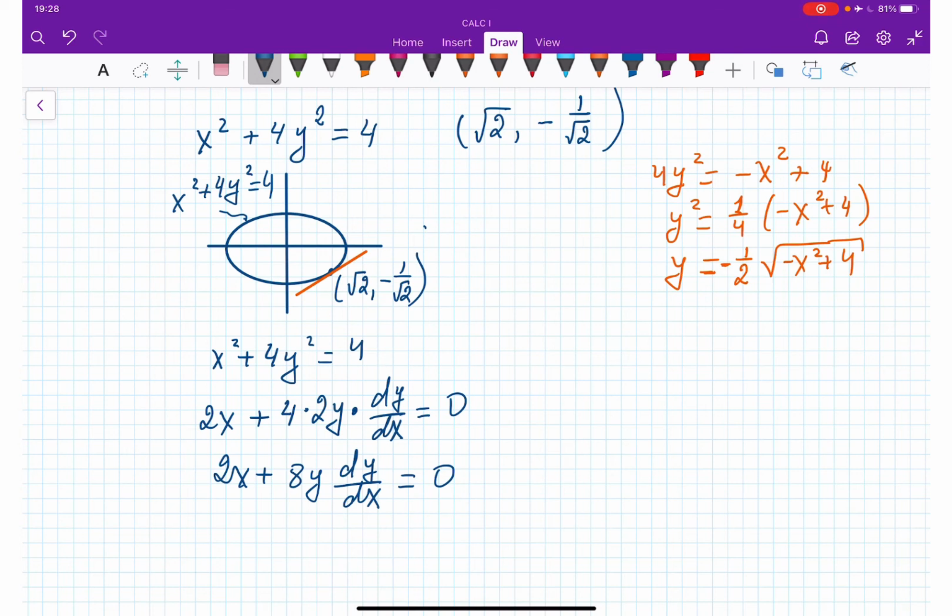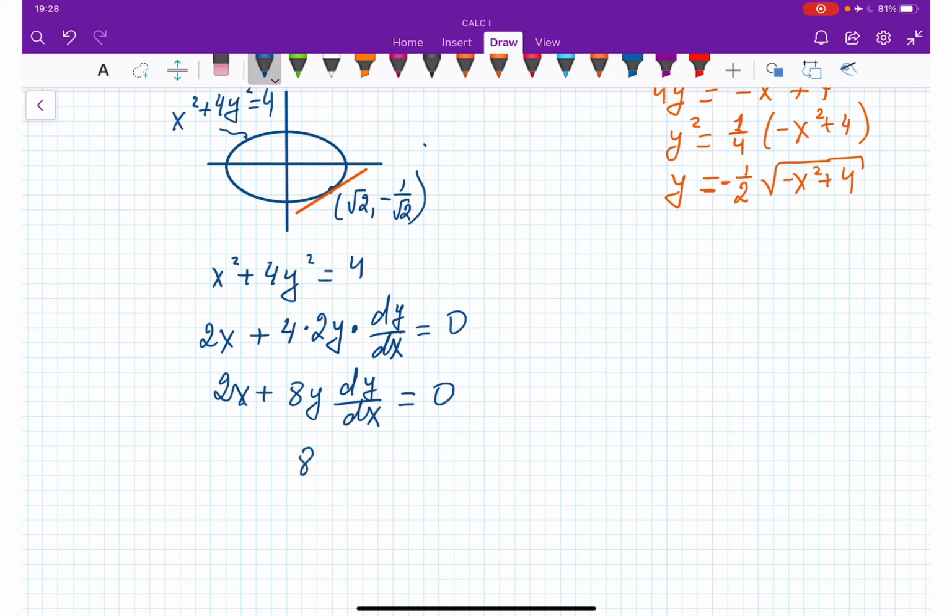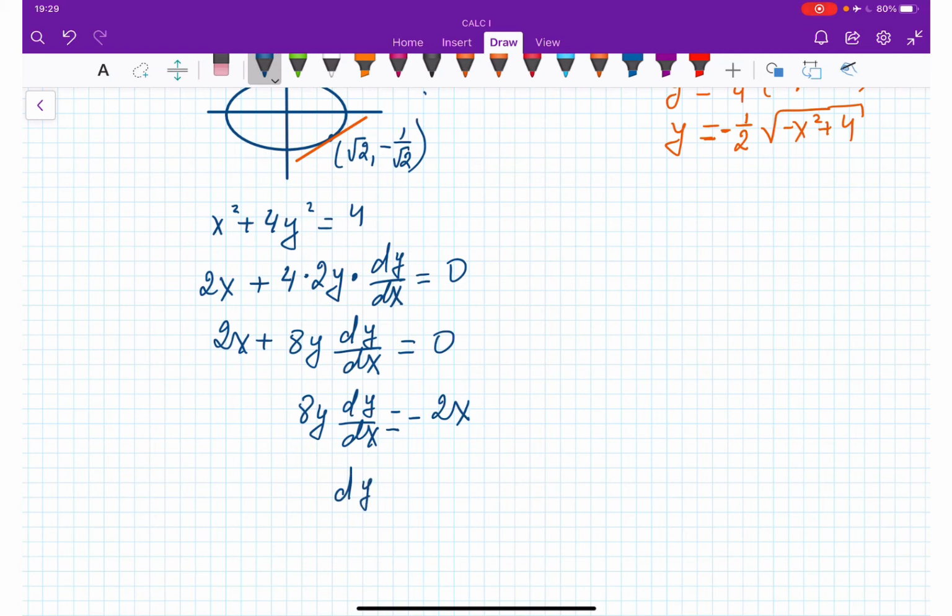So from here, 8y dy by dx is equal to negative 2x, and dy by dx is going to be equal to negative 2x over 8y, which simplifies, this is going to be 1, this is going to be 4, to negative x over 4y.